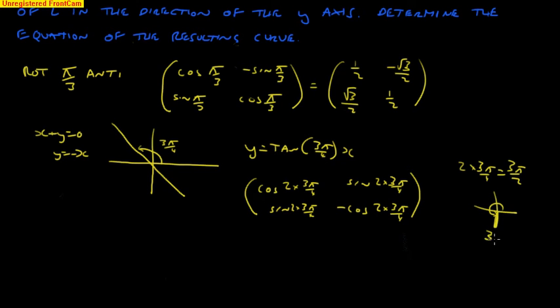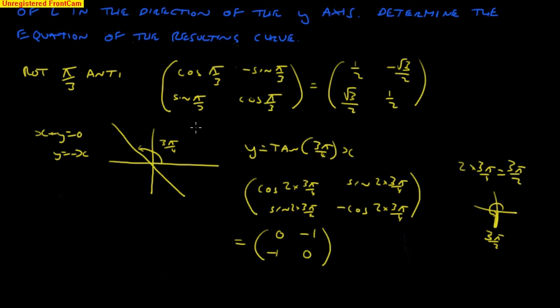The cosines there will be 0, and the sines there are negative 1. So that's our reflection matrix.